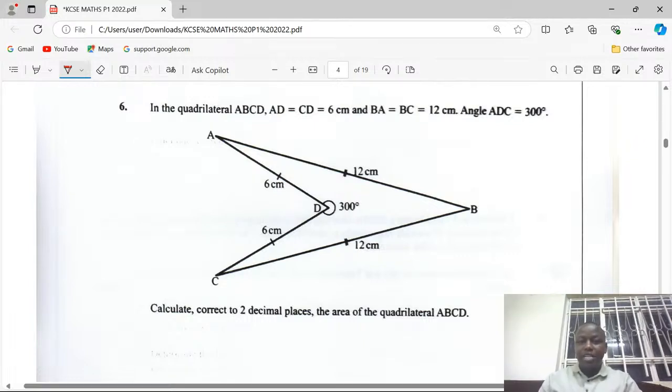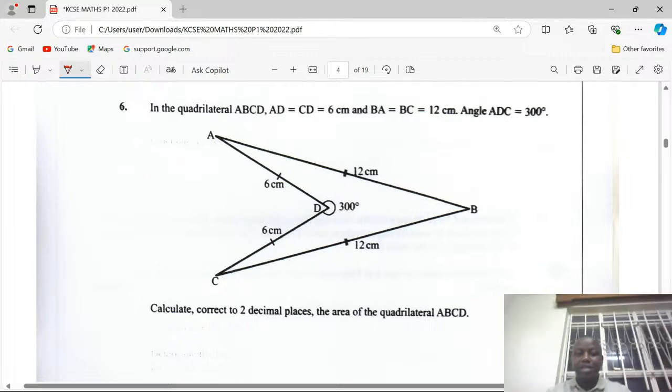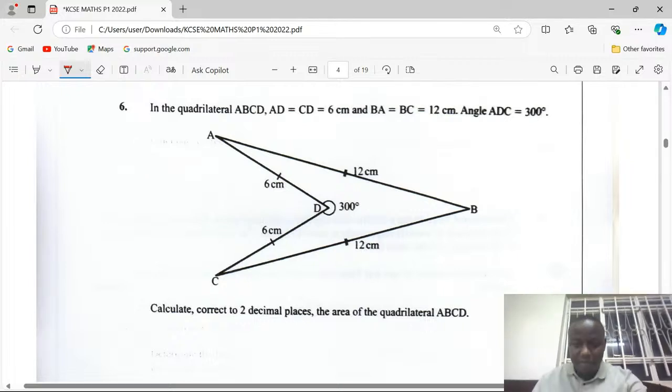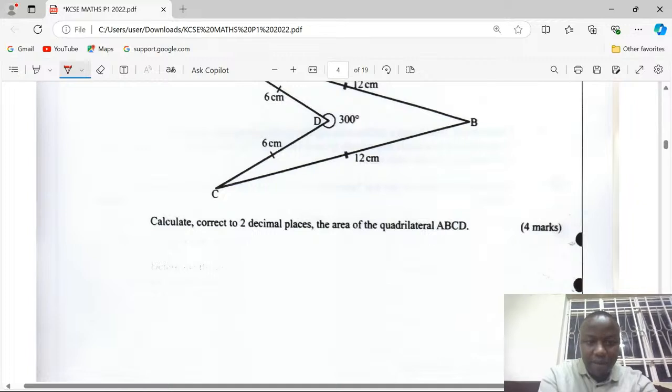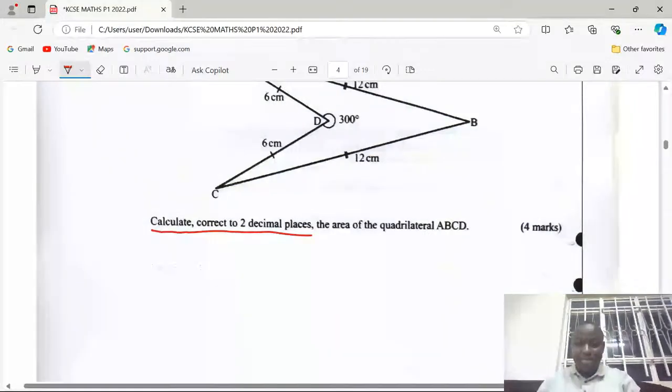It's also equivalent to 12 centimeters, again, as you can see on the diagram. Angle ADC equals 300 degrees. Calculate, strictly to 2 decimal places, the area of the quadrilateral ABCD.